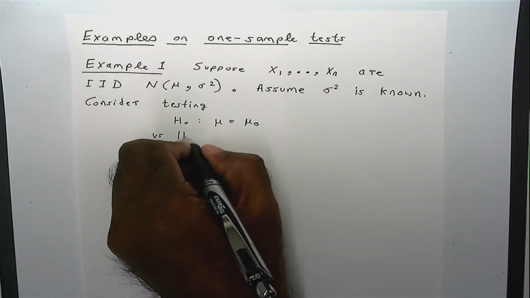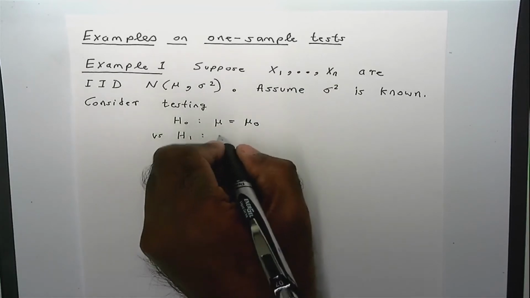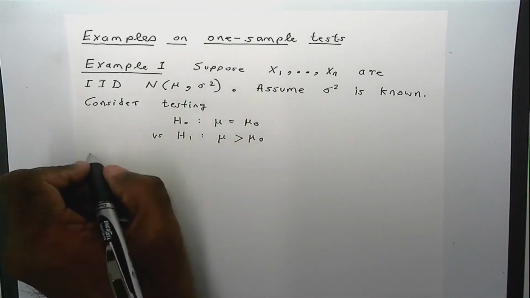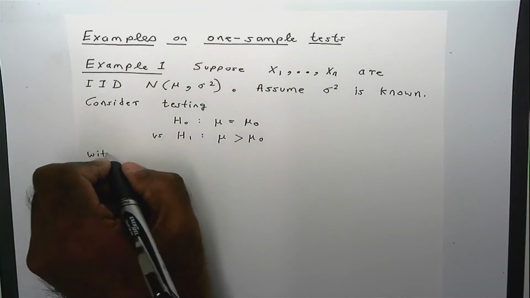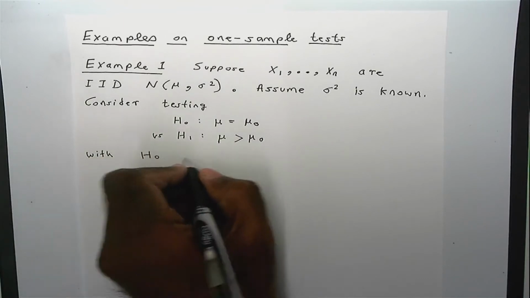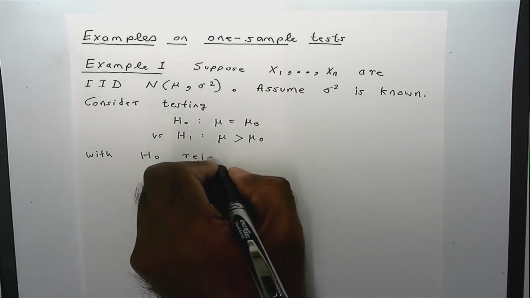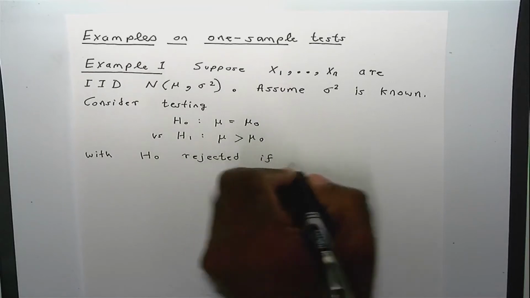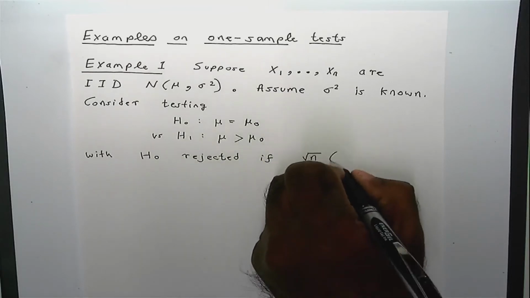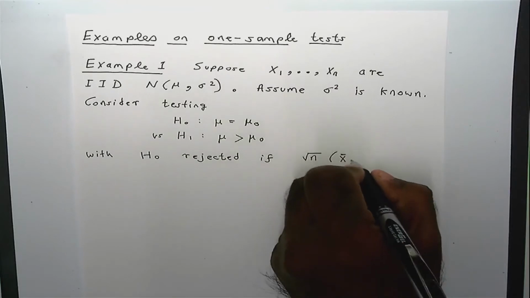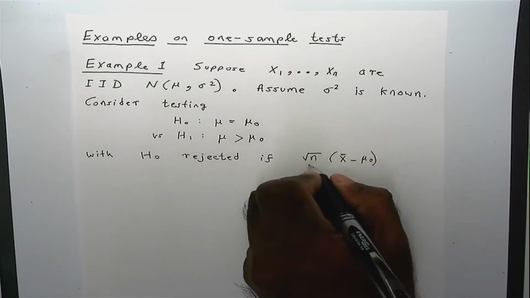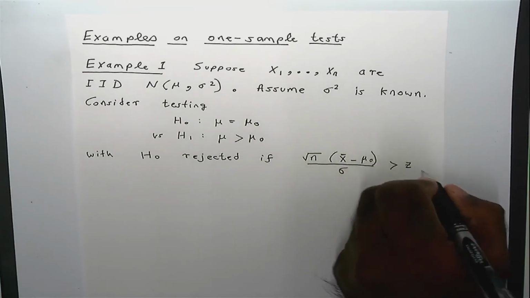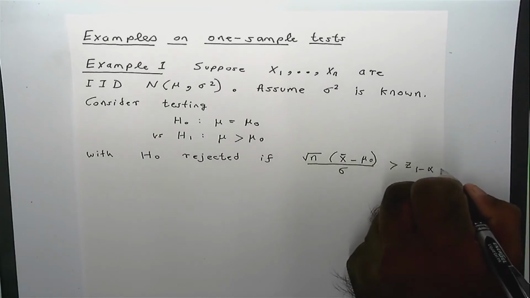versus the alternative hypothesis that mu is greater than mu 0, and with H0 rejected if root of n times x bar minus mu 0 divided by sigma is greater than the percentile of the standard normal at 1 minus alpha.